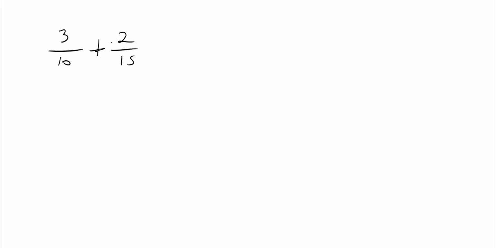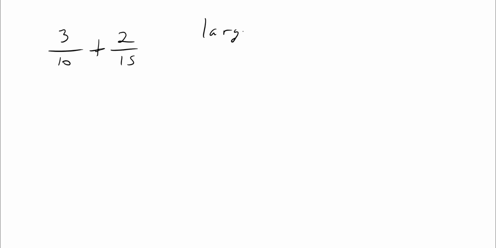But that's kind of crazy, a huge number. Think a little bit, math fans. What do 10 and 15 both go into? Now be careful. Don't say what goes into 10 and 15, because a lot of times kids will say the answer is 5 because 5 goes into 10 and 5 goes into 15. I don't care what goes into it. I want to know the number that 10 and 15 will go into.